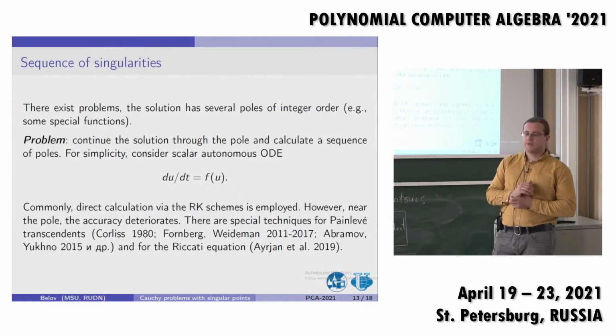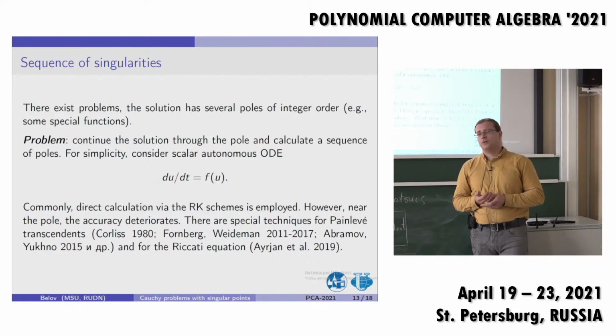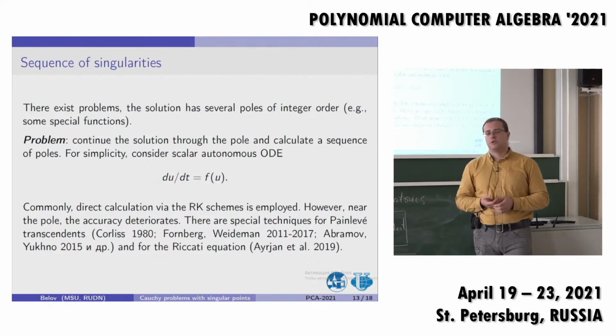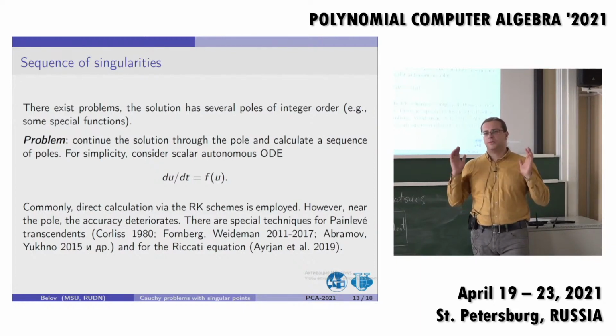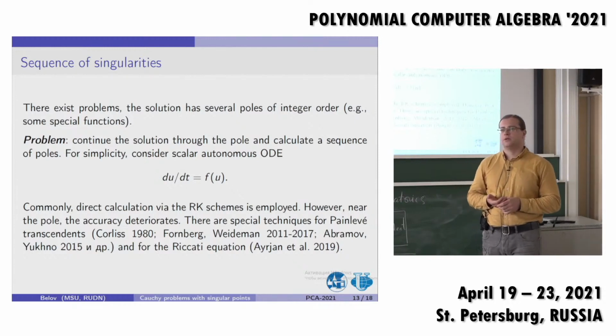For simplicity, we consider the problem on the example of an autonomous scalar ODE. Commonly, in known program libraries, direct computation with Runge-Kutta schemes is used, but as I have already mentioned, near the singularity, the error increases very, very strongly.